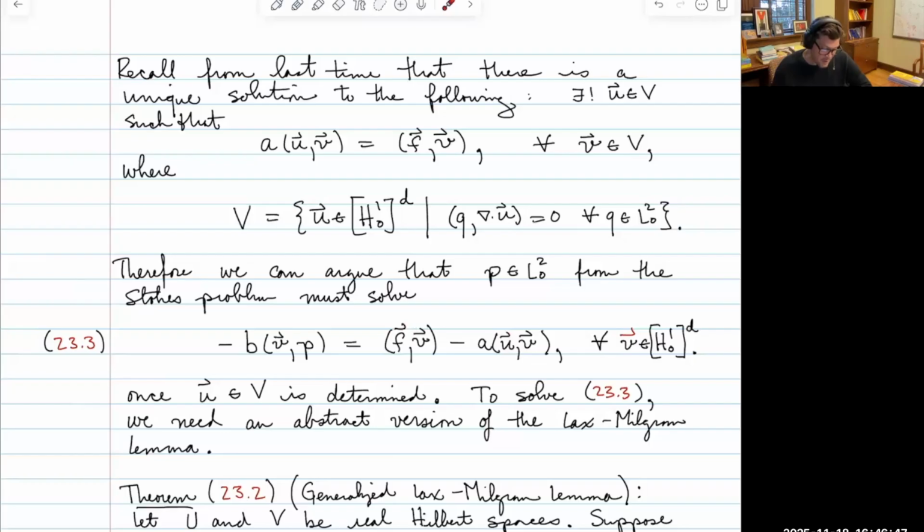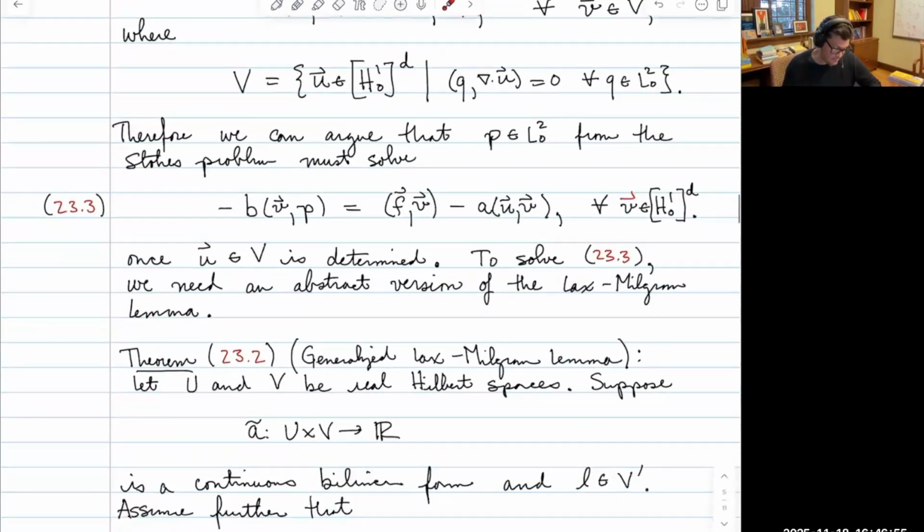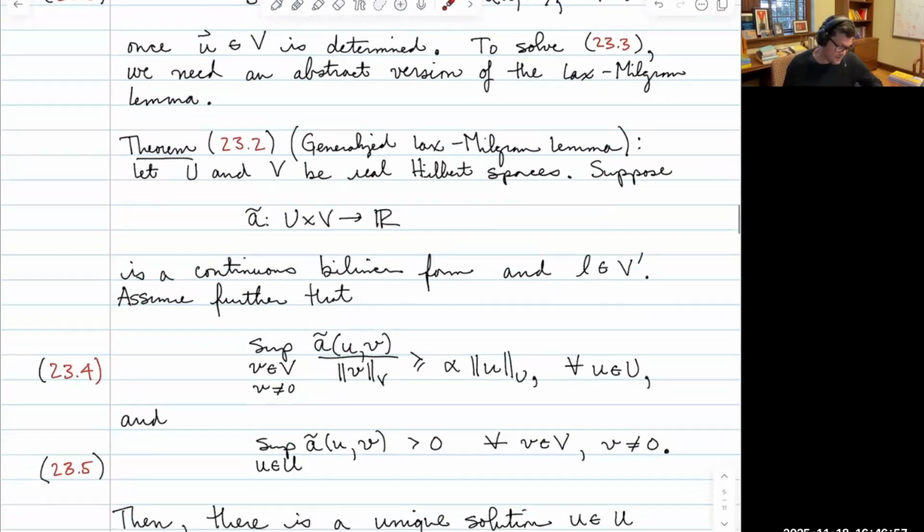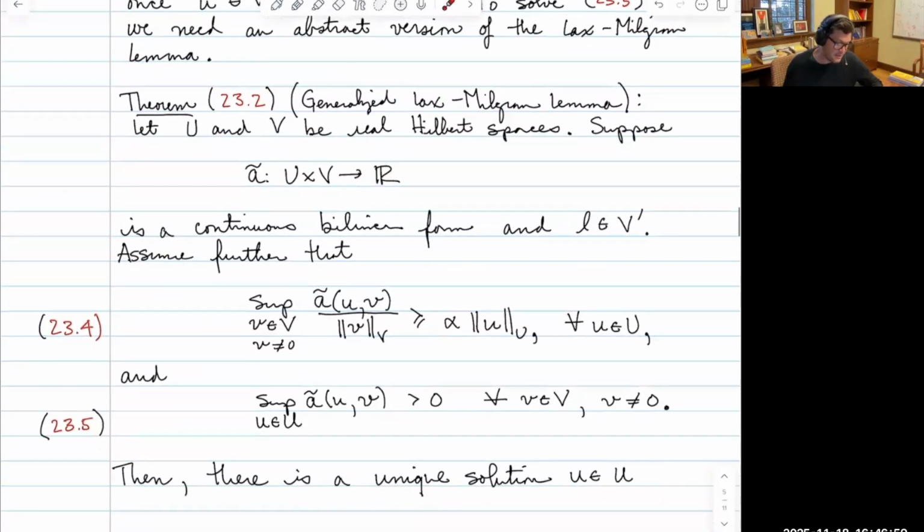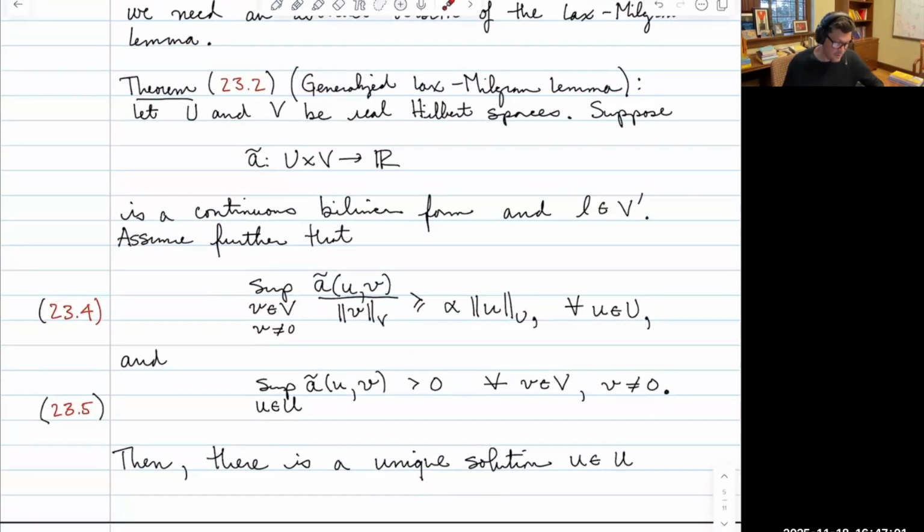Now, to solve this problem 23.3, we need an abstract version of the Lax-Milgram lemma. So that's what we're going to prove next. Or at least not prove it, but state it. Now, normally when this generalized Lax-Milgram is stated, it's stated with an A, but I've designated A to mean something else, and so we're going to call it A twiddle.